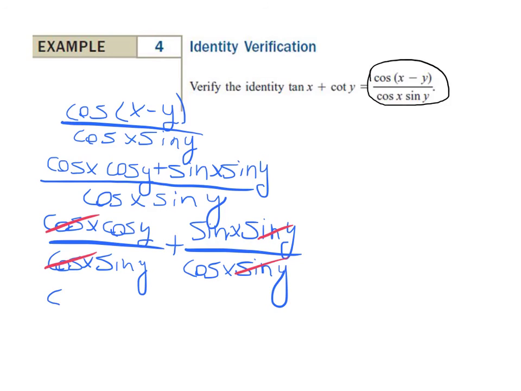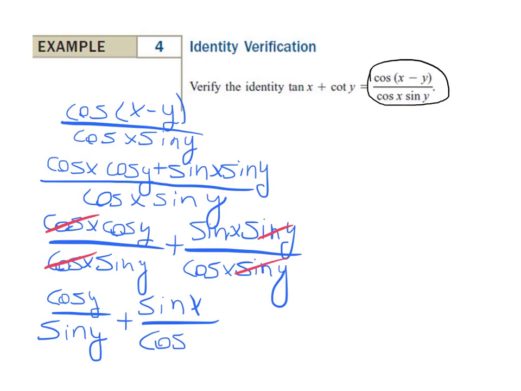What I have left is the cosine of y over the sine of y plus the sine of x over the cosine of x. And cosine over sine is going to be your cotangent of y, plus sine over cosine is your tangent of x. Okay, so there's the answer to that.